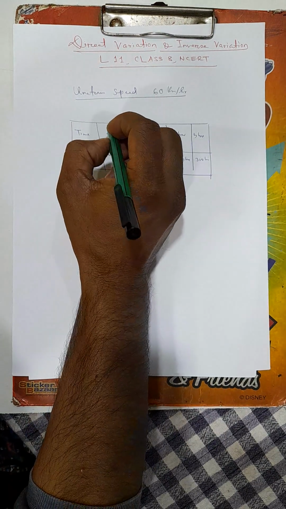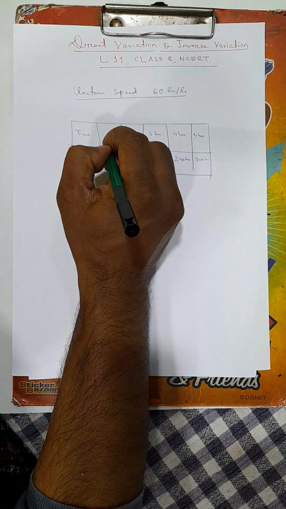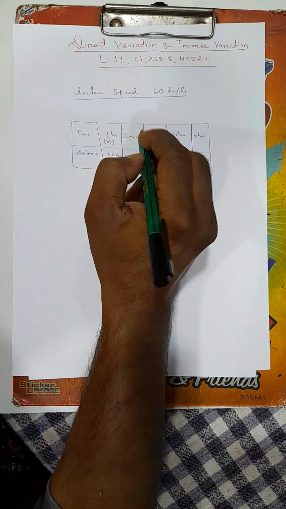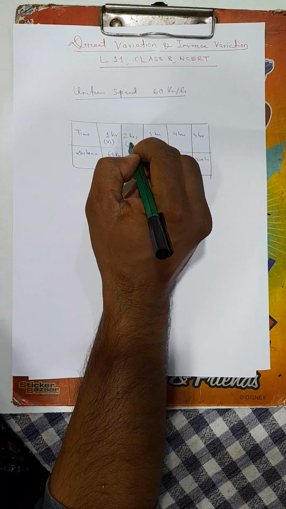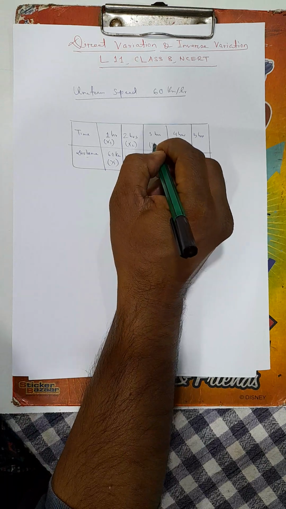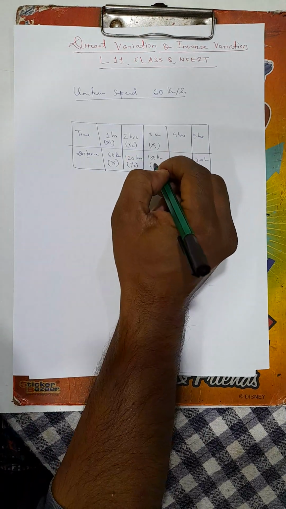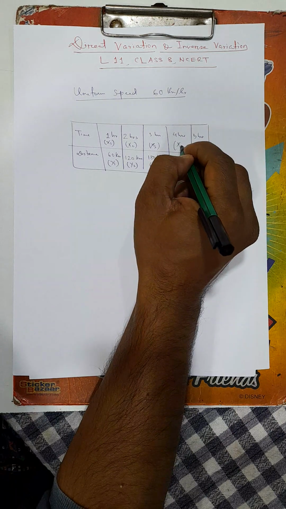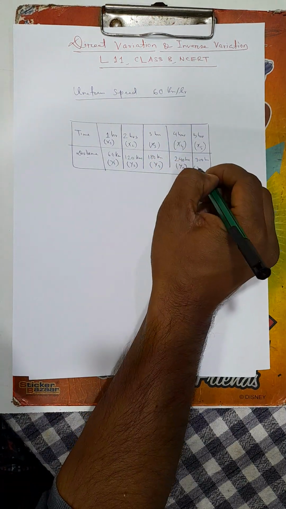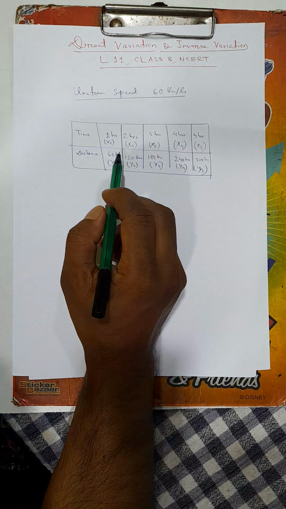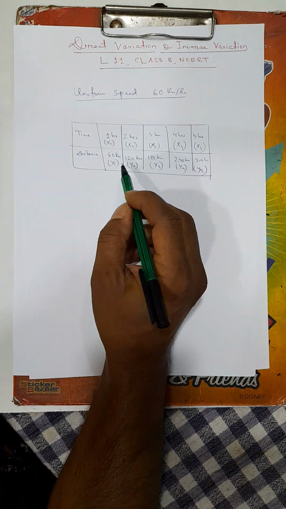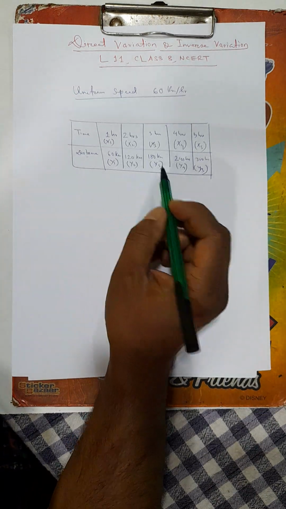In the first case, we define this time as x1 and the distance traveled as y1. In the second case, it is x2 and y2. This is x3 and y3, x4, y4, x5, y5. Now you see when x increases, the corresponding values of y are also increasing.